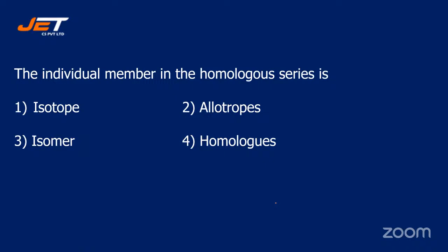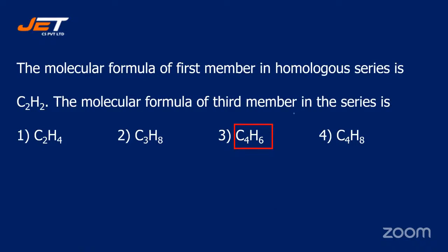Okay, Shobha, I'll explain the previous question. The molecular formula of the first member in the homologous series is C2H2. Now we know that when we make a homologous series, for another member we add a CH2 group to it. Because here they are asking about the third member, we will add a CH2 group again.